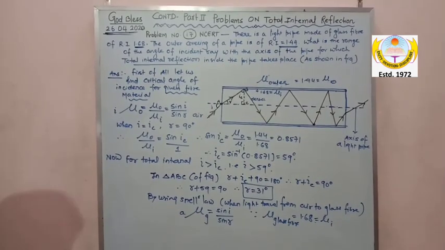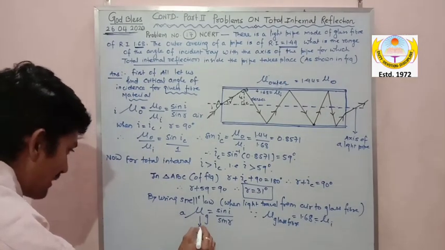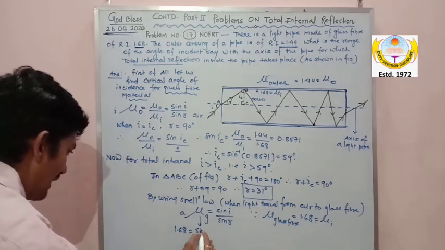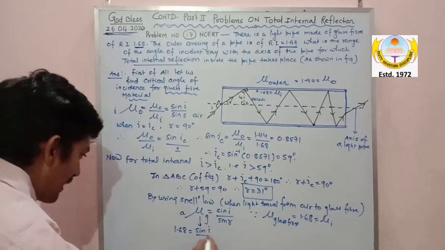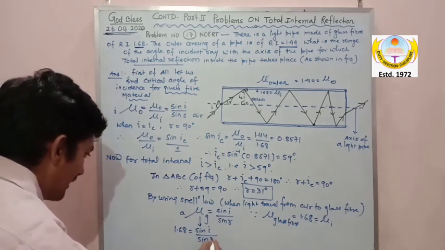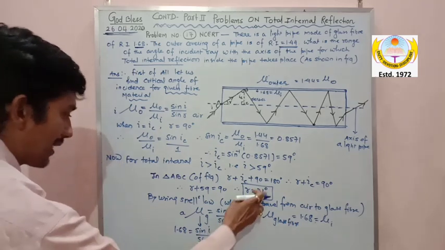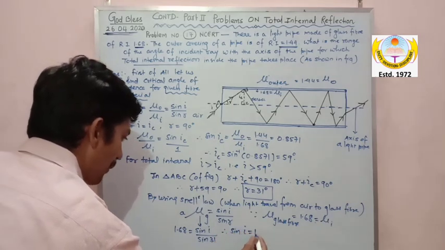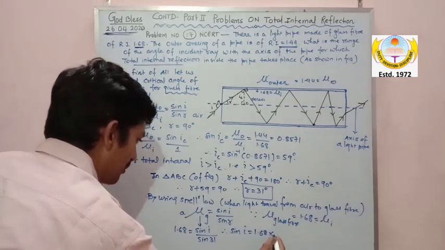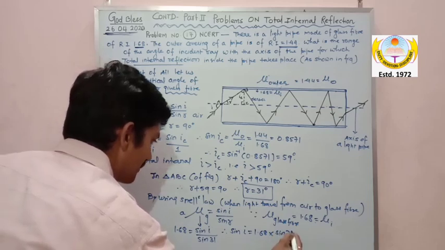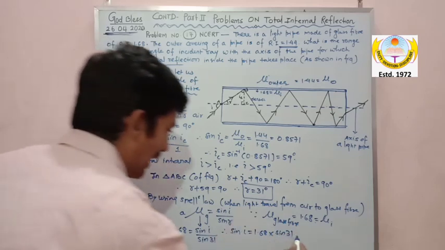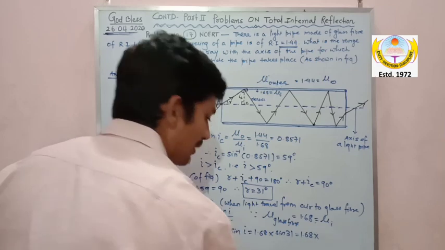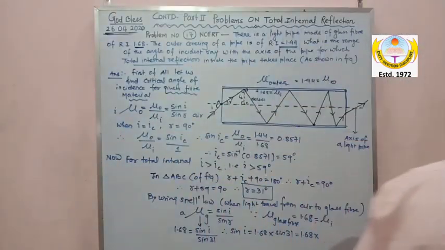So here mu of glass fiber is taken as 1.68 is equal to sine I divided by sine R, that is sine 31, because R is 31. Therefore, sine I is equal to 1.68 into sine 31, and this will result in the answer, my dear. This is 1.68 into, let me check, sine 31.